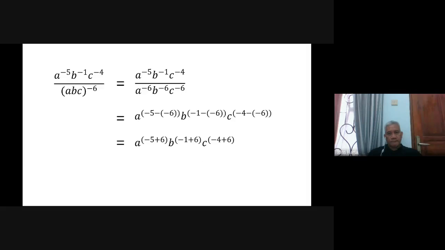That is a to the power of -5 plus 6, b to the power of -1 plus 6, and c to the power of -4 plus 6. And the solution of this problem is a times b to the power of 5 times c to the power of 2.